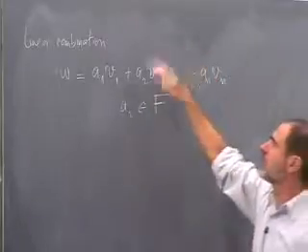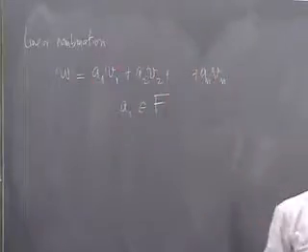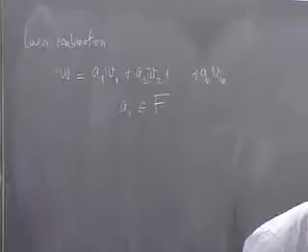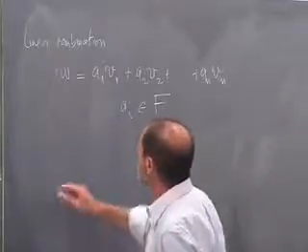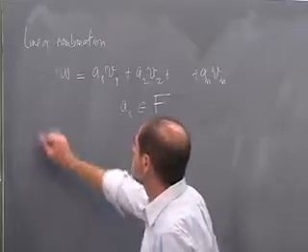So it's all the vectors you can get by combinations of the fixed vectors in the ordered set. And the collection of all linear combinations is called the span.